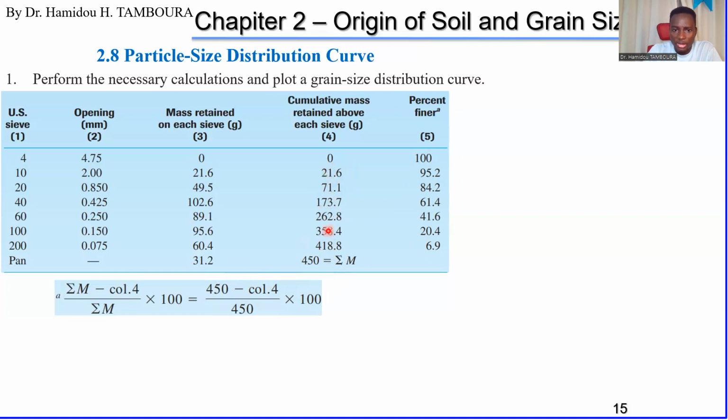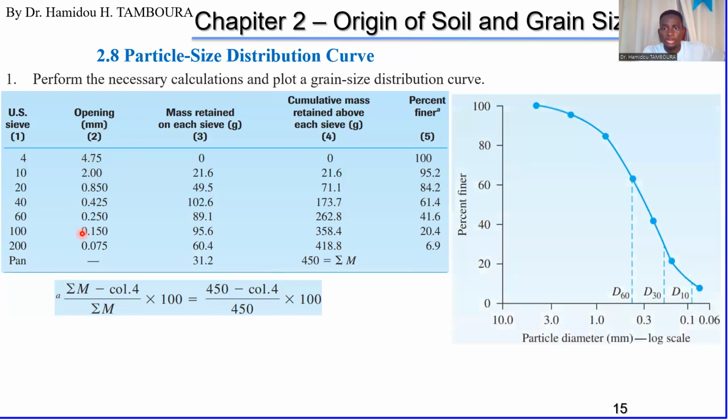By using this and the total mass, you can obtain this column. And then we use this percent finer and the opening, we use them to draw the curve like this.